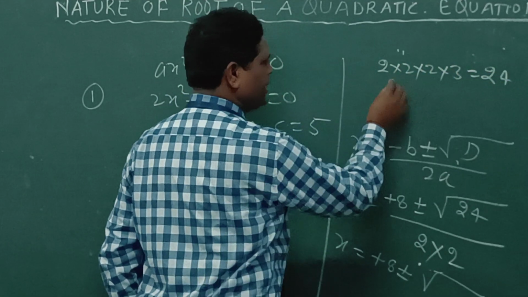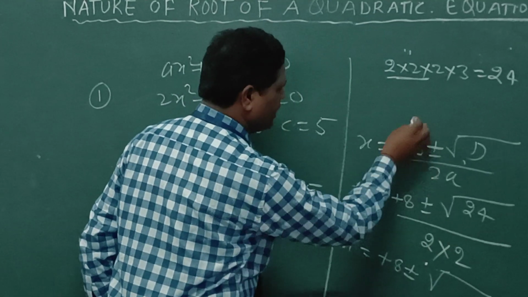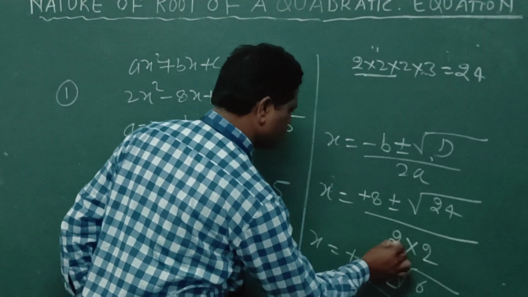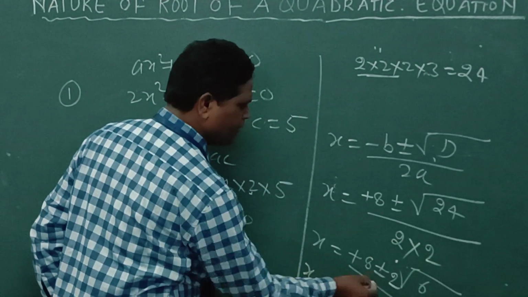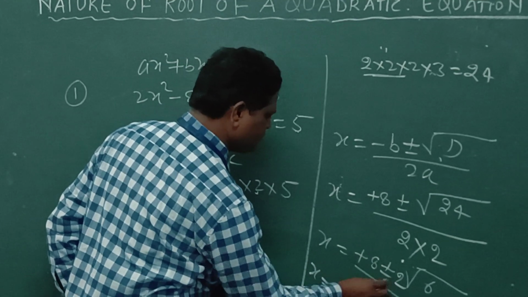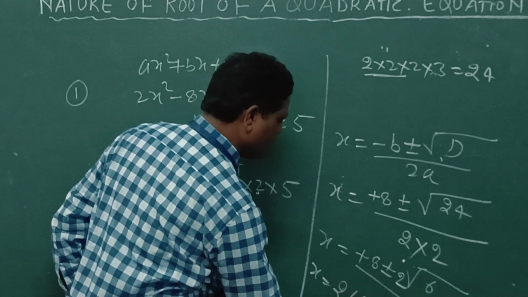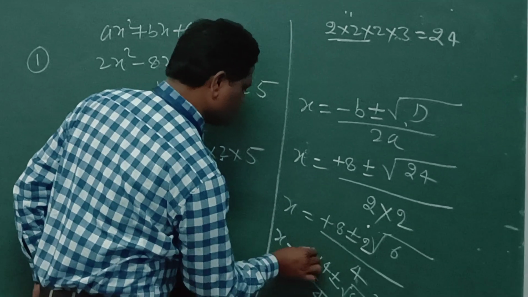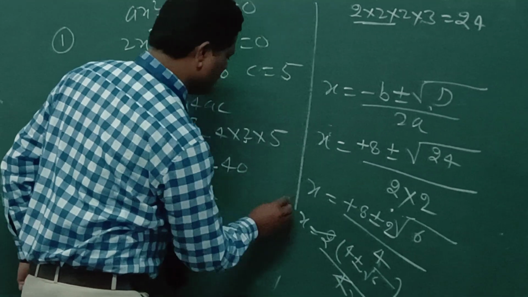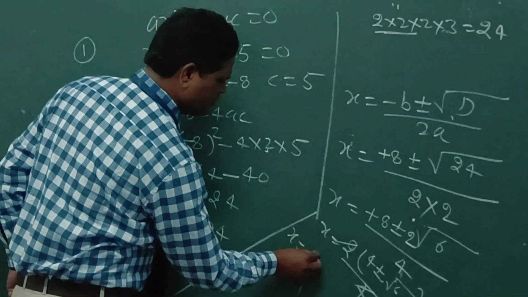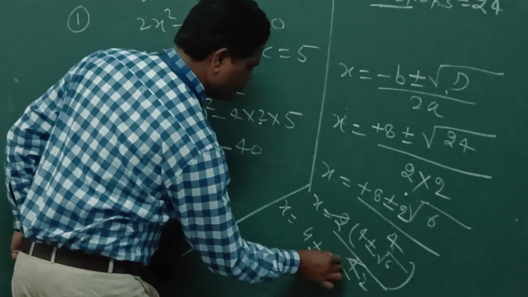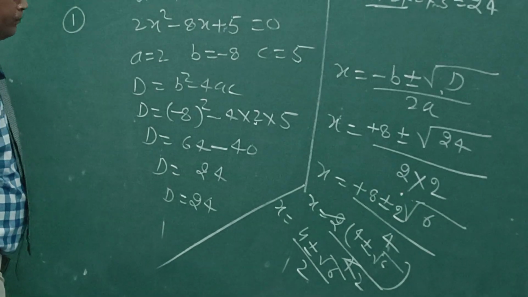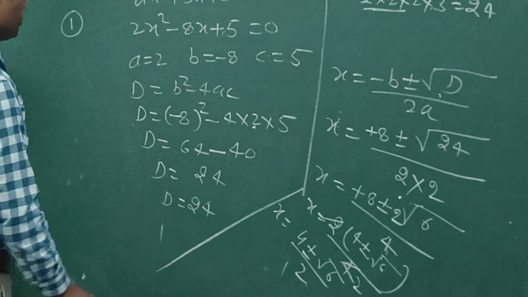A pair of 2 comes out, leaving 2 root 6, by 4. First of all, common factor is 2, so x equal 4 plus minus root 6 by 2.